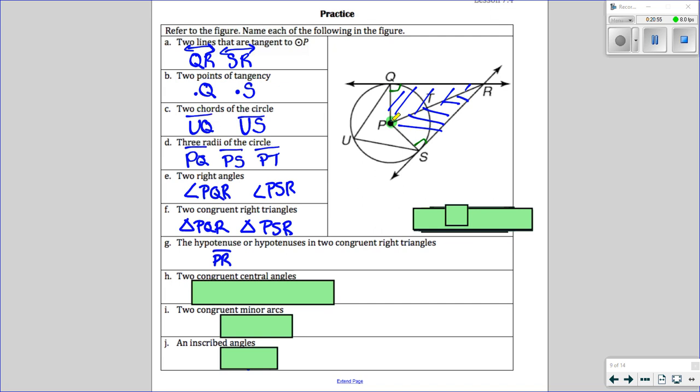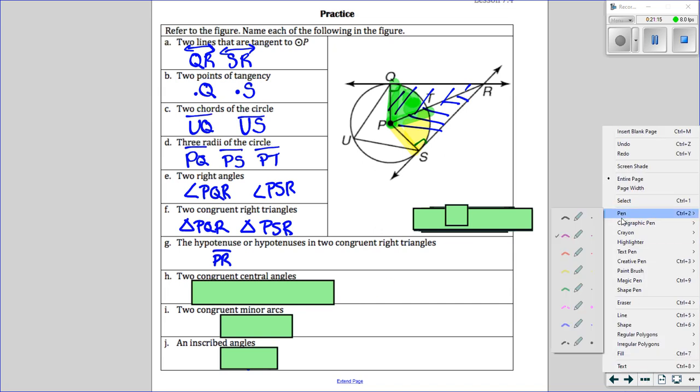So this is, I got this and this. So we got this angle QPT, and then the other one, which I will highlight in yellow, we've got SPT. So those are the two congruent central angles.